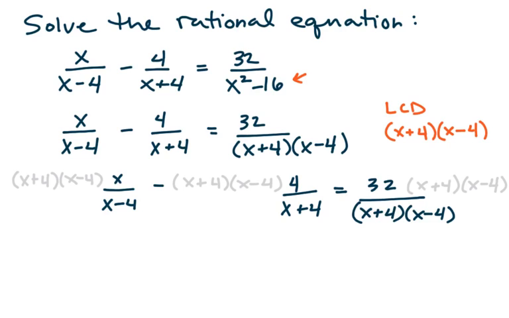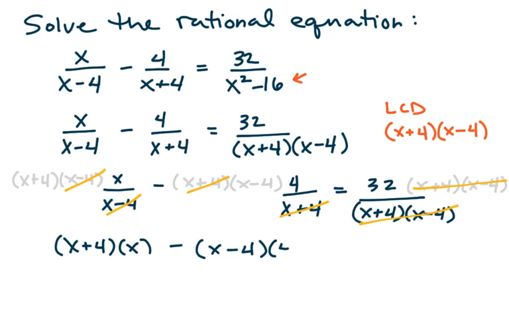And so what's going to go on here is that we're going to lose each one of these fraction pieces. They're going to lose their denominator. So I have x plus 4 times x, minus x minus 4 times 4, equals 32.